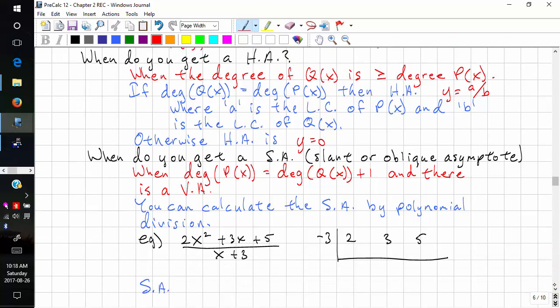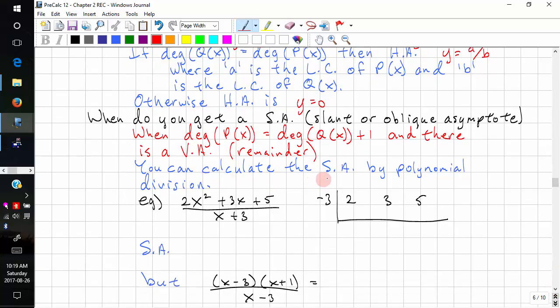When do we get a slant asymptote? When the degree of the numerator is 1 bigger than the degree of the denominator. And there also has to be a vertical asymptote, which means that there's a remainder. We have to calculate the slant asymptote with a polynomial division. So we take the coefficients, 2, multiply, -6, add, -3, multiply, add.